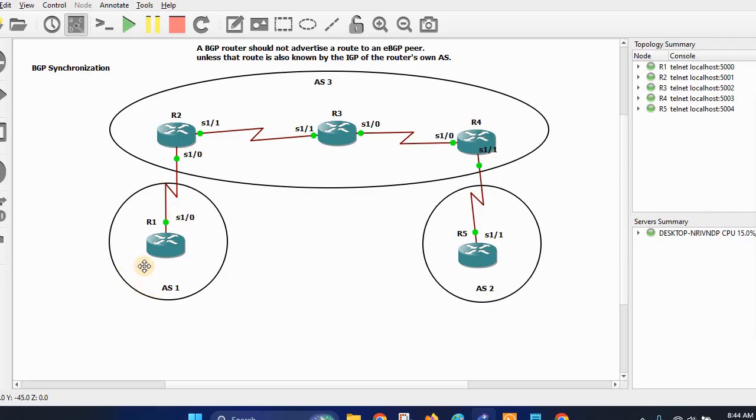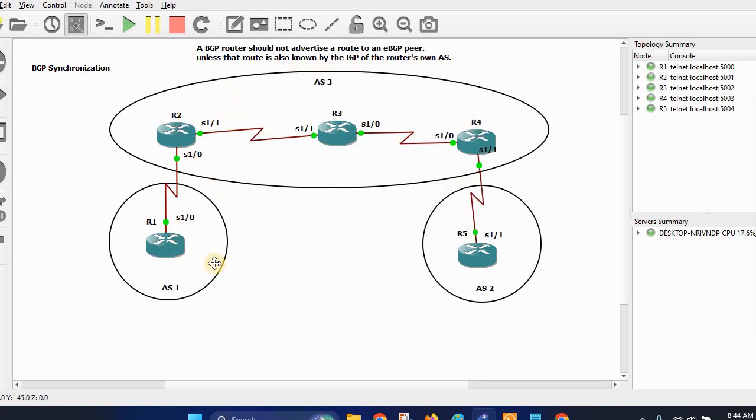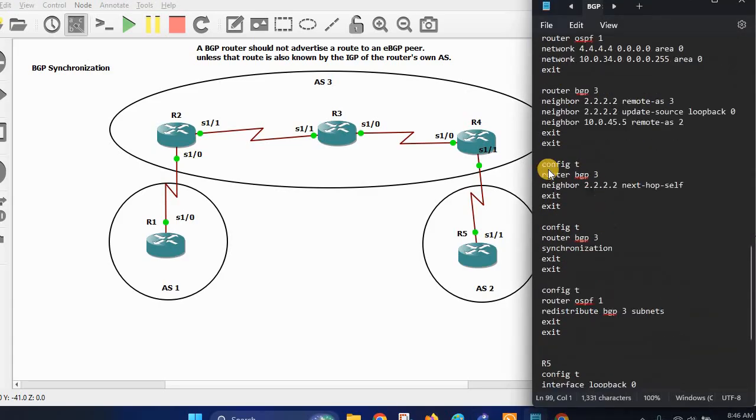When we enabled synchronization, it did not receive. When we disabled synchronization, R1 received the update. After that we checked the reachability between R1 and R5. So I will show what we did here.